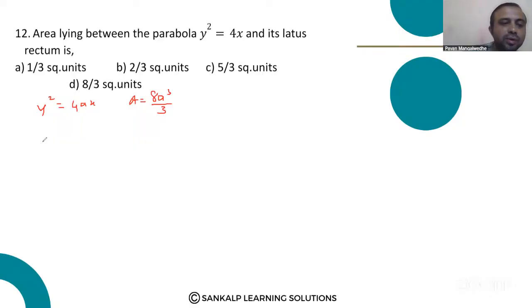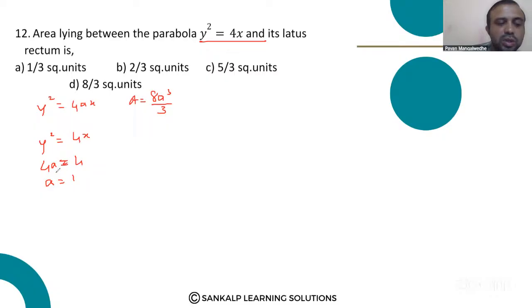That is our main work. It is given that y square is equal to 4x. Comparing this with 4ax, 4a is equal to 4, which means that a is equal to 1.